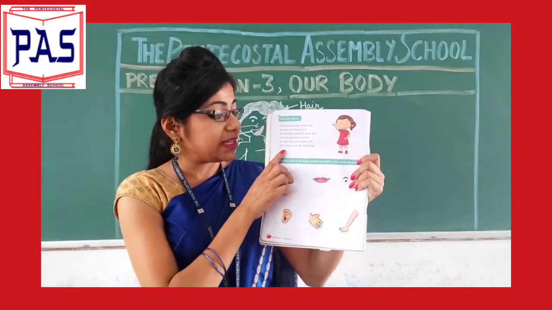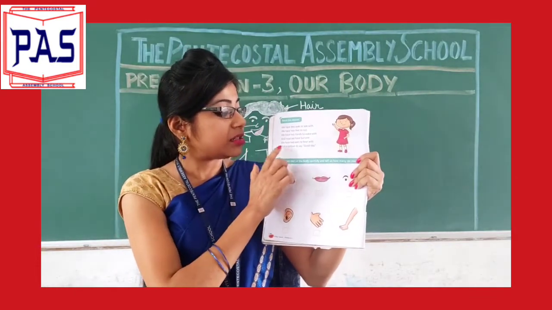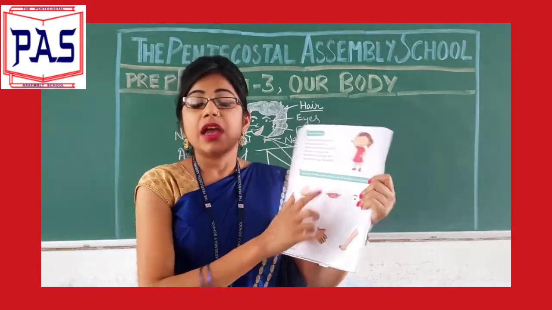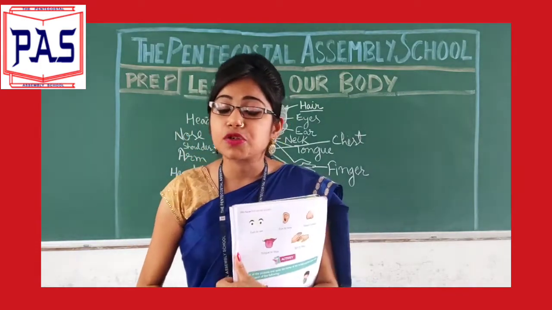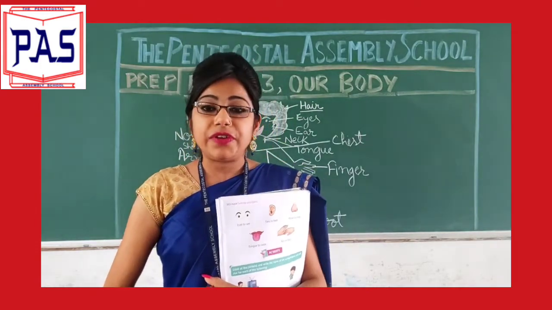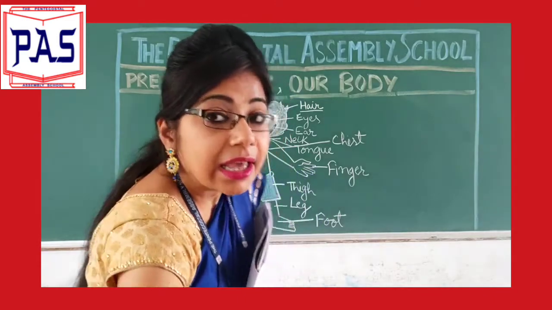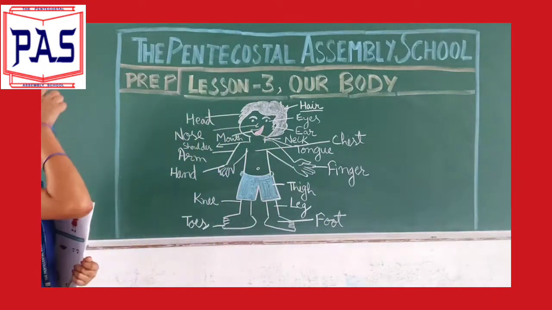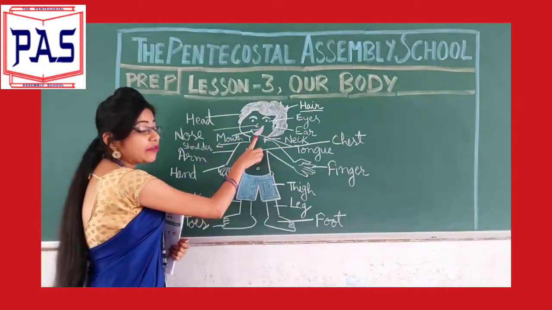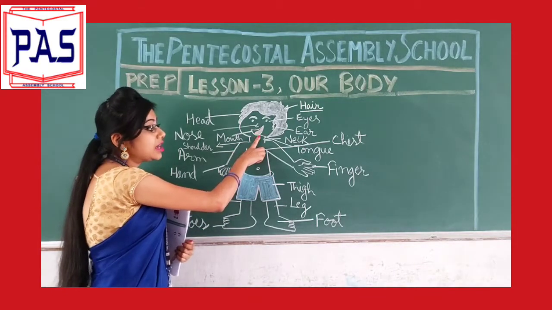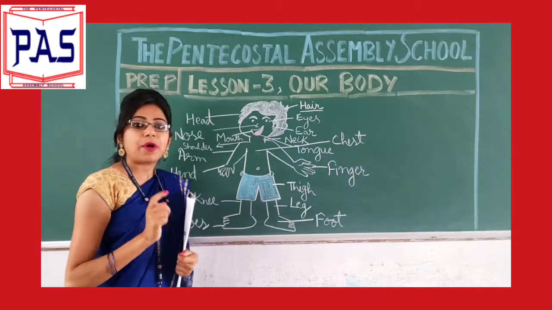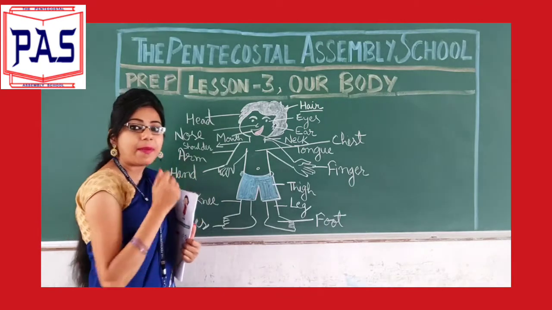Now the next one is, and a tongue to say good day. How many tongues do we have, children? We have one tongue. Here you can see in the picture I have already drawn. A tongue is a part of our body, a part of our mouth.